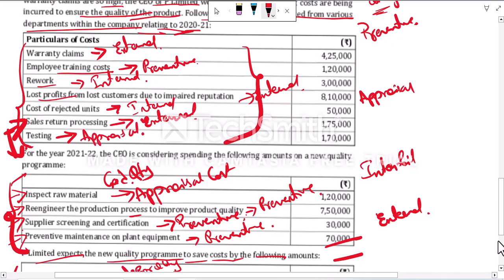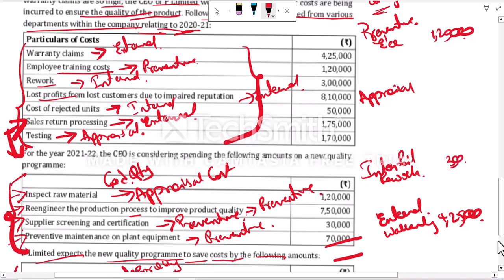Okay, so write all that. Warranty claims, external failure, 4,25,000. Preventive cost, employee training, 1,20,000. Rework, internal failure cost, 3 lakh. Loss of profit, external failure cost, 8,10,000.